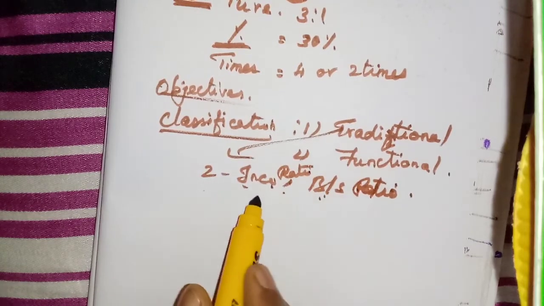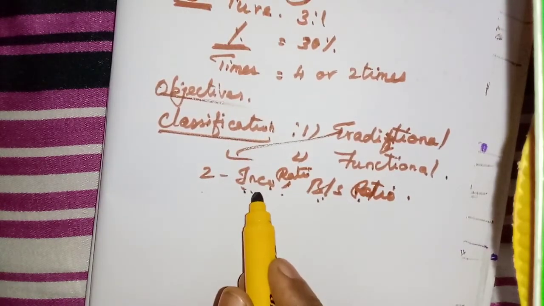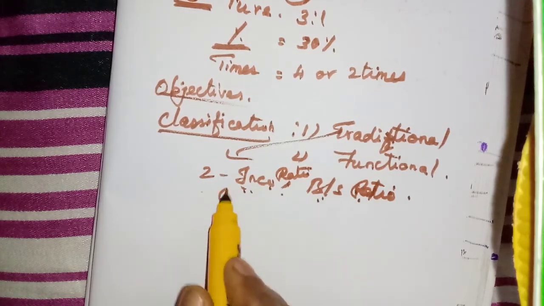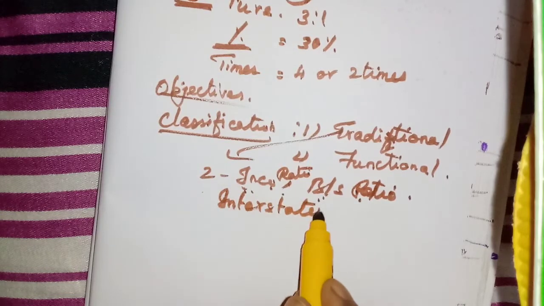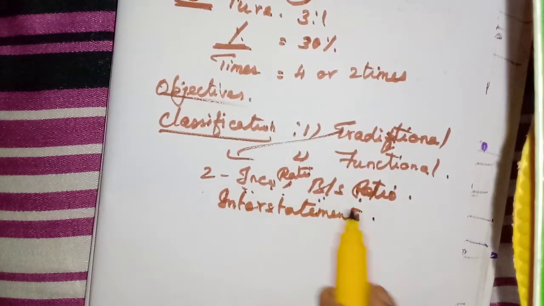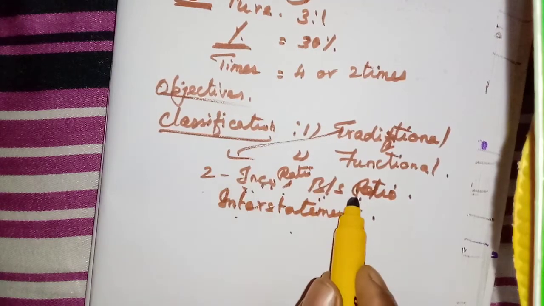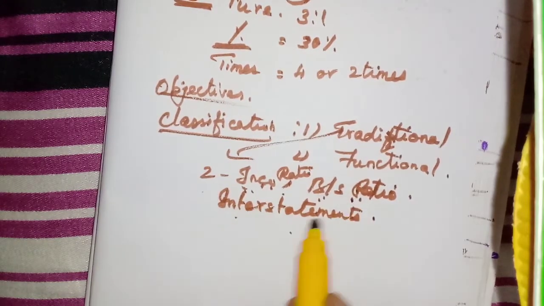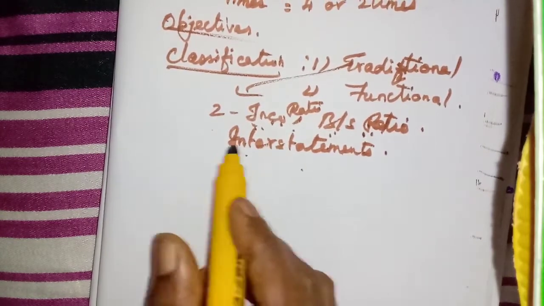If an item from the balance sheet and an item from the income statement are compared, that is called interstatement analysis. Only two statements we have, one income statement and balance sheet. So if we compare one item from here and another item from the balance sheet, that is called interstatement analysis. This one is not followed.